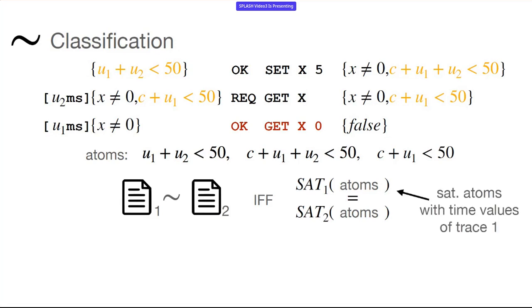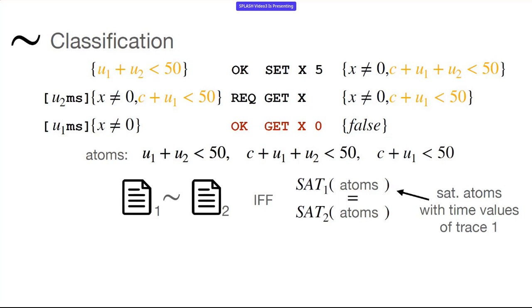So we get a set of atoms where we use the actual time values of trace 1 instead of the symbolic time values. The set of atoms basically splits into the ones that are satisfied, some guards satisfied along the way, and the ones that are not satisfied by the trace.